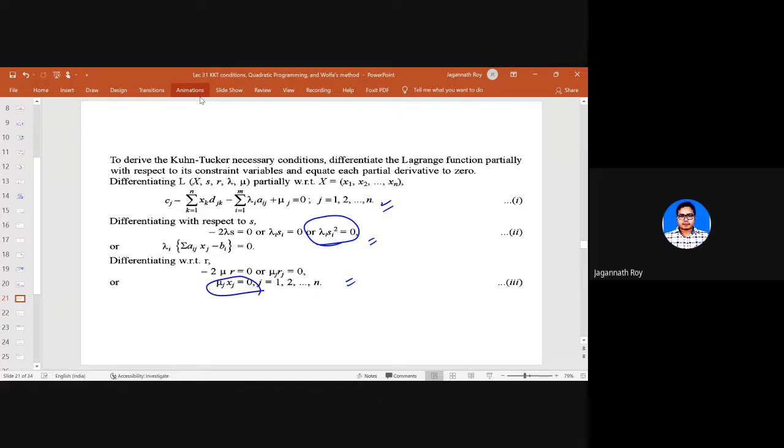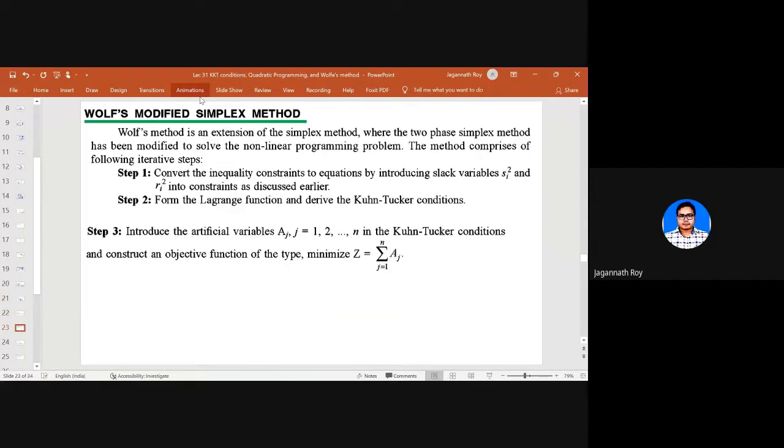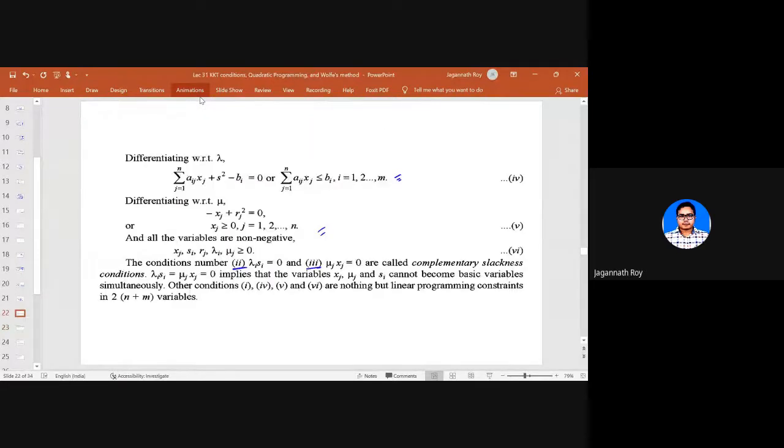Use the complementary slackness property conditions. If we use them, then it will be reduced to the conditions.